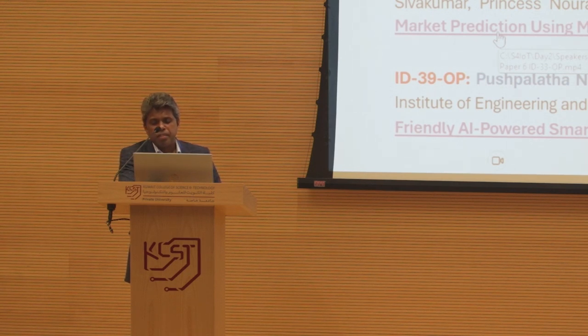Okay, so let me ask quick questions. Like in your presentation, you have discussed some of the technologies, right? So, and the 5G, and how they impact the evolution of the future IoT networks.